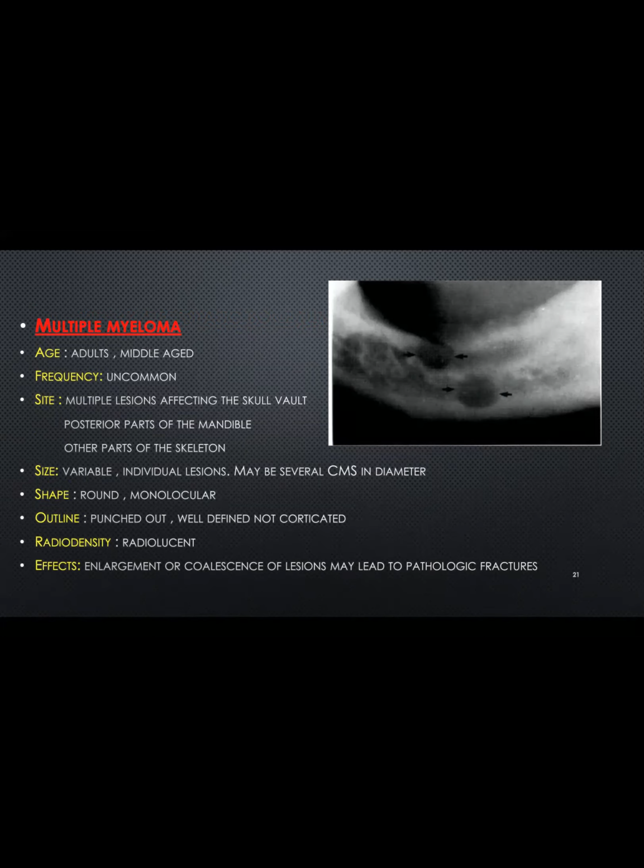So any weak trauma could actually break the jaw. On the X-ray, as you could see, they're radiolucent, punched out, and have a well-defined border. The lesions could be up to several centimeters in diameter, depending on how long they've been there.